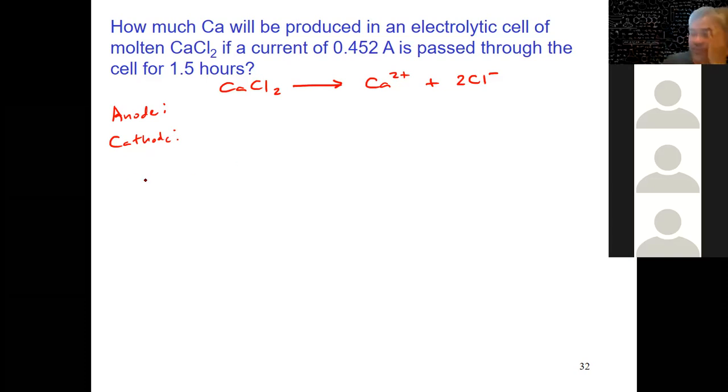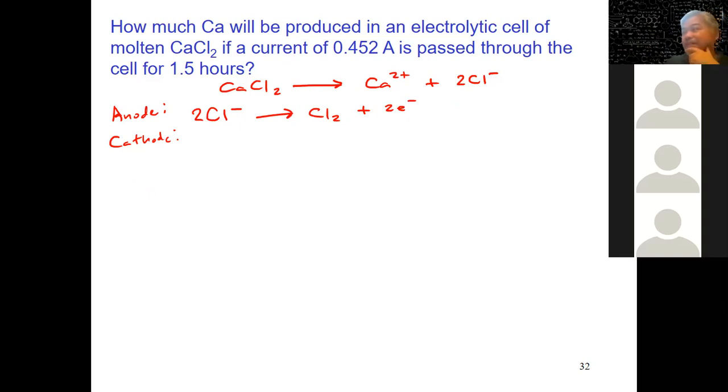So which do you think is the one that will oxidize? The calcium 2+ or the chloride? Yung Cl. So you could say this one will oxidize, giving you Cl2 and 2 electrons. Yan yung pinaka-importanting part. You need to know which one is oxidized. You need to identify which one is reduced. And the other one, you have calcium 2+ plus 2 electrons to produce calcium.